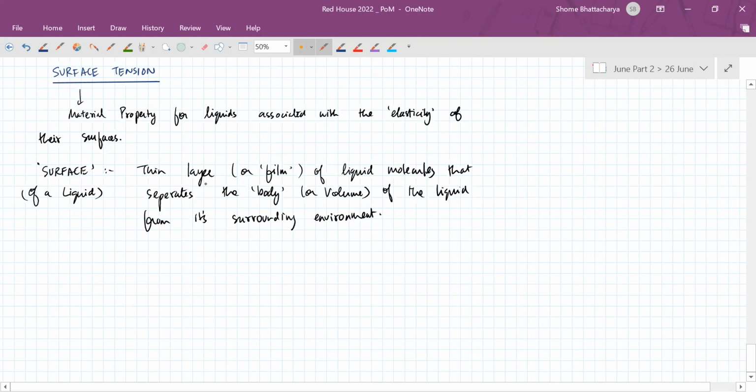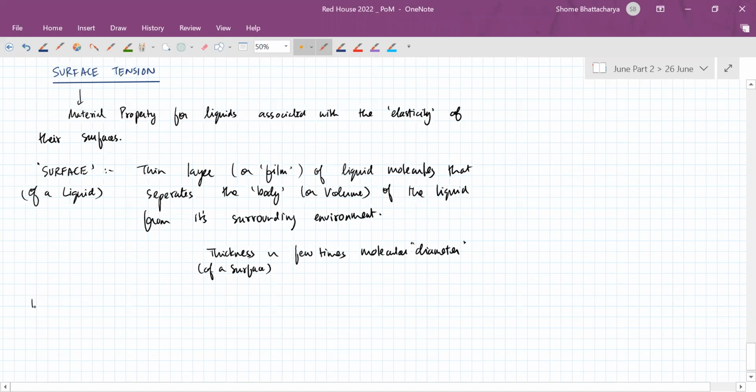But by thin, what we mean is that the thickness of this layer is of the order of magnitude of few times the molecular diameter. So we're talking about an extremely thin layer.